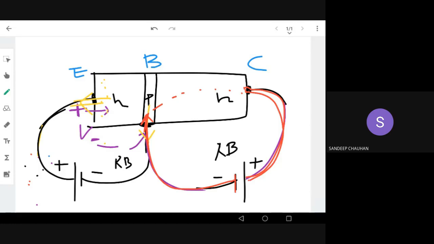There's no conduction here. So we can say VC, the voltage at the point C, is greater than VB, the voltage at the base. And VB is less than VE.